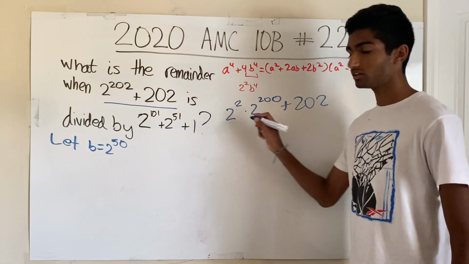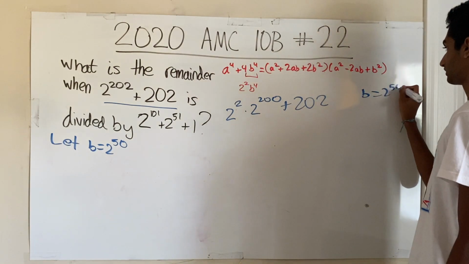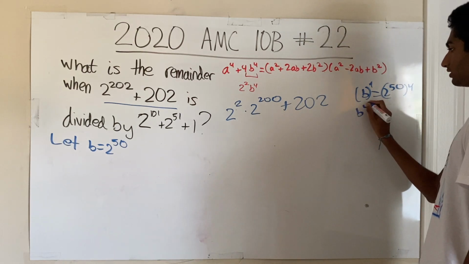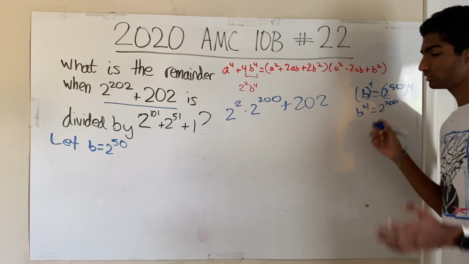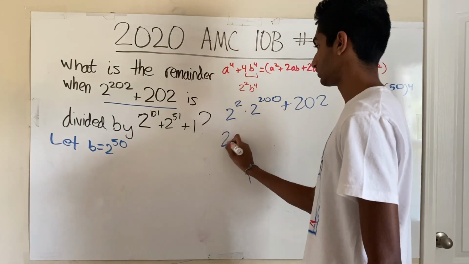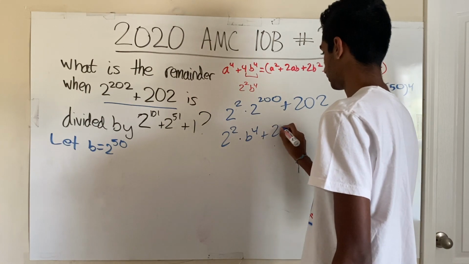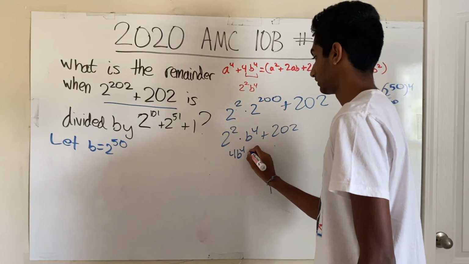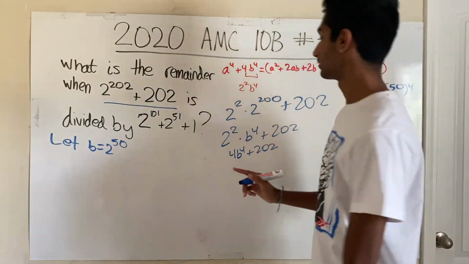And 2 to the 200 really is just, if we let b to the fourth, b to the fourth is equal to 2 to the 200, right? So we can just do 2 squared times b to the fourth plus 202. And this becomes 4b to the fourth plus 202, which is what we had right up there.